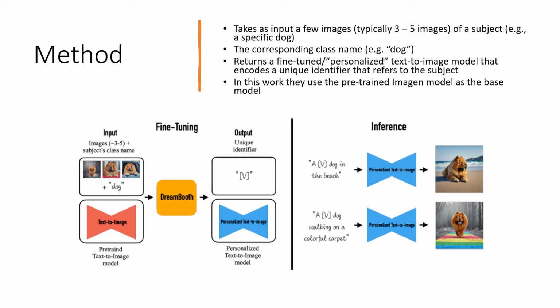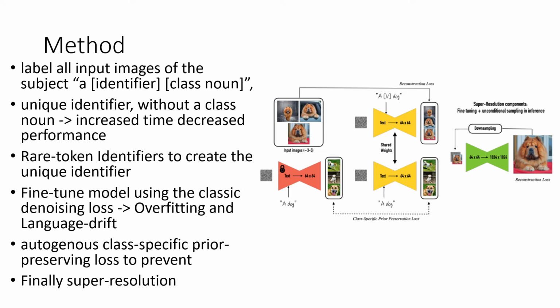In this work, they use the pre-trained Imagen model as the base model. Let's look at more details of the implementation. Their goal is to implement a new key-value pair into the diffusion model's dictionary. Label all input images of the subject "a [identifier] [class noun]", where identifier is a unique identifier linked to the subject, and class noun is a coarse class descriptor of the subject, such as cat, dog, watch.